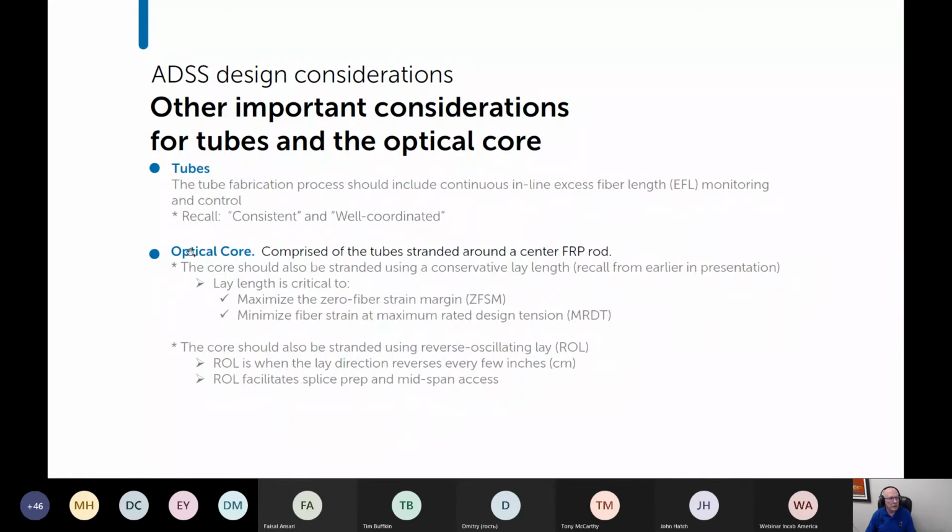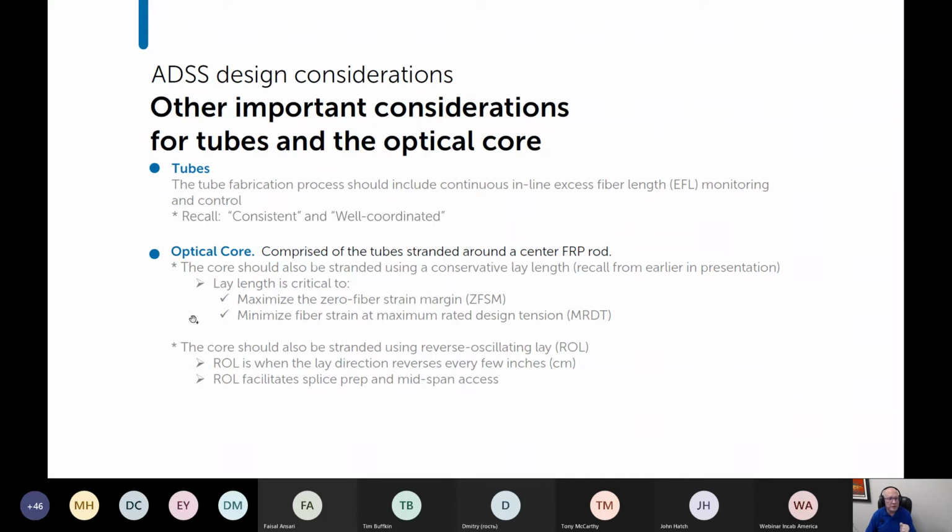The optical core, which we've talked about, that's the tube stranded around your center FRP rod or your center element. That core should be stranded using a conservative lay length. Lay length is critical to maximize that zero fiber strain margin and minimize any fiber strain at that maximum rated design tension. Hold those thoughts for a minute because we'll come back to them when we talk about sag and tension and why this is important.